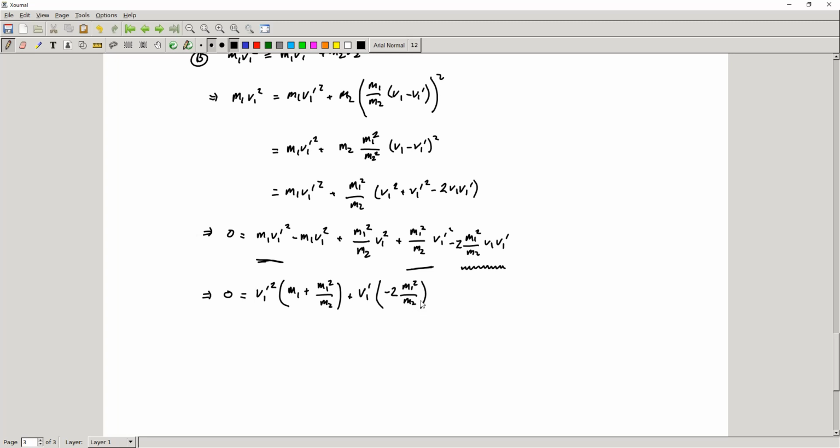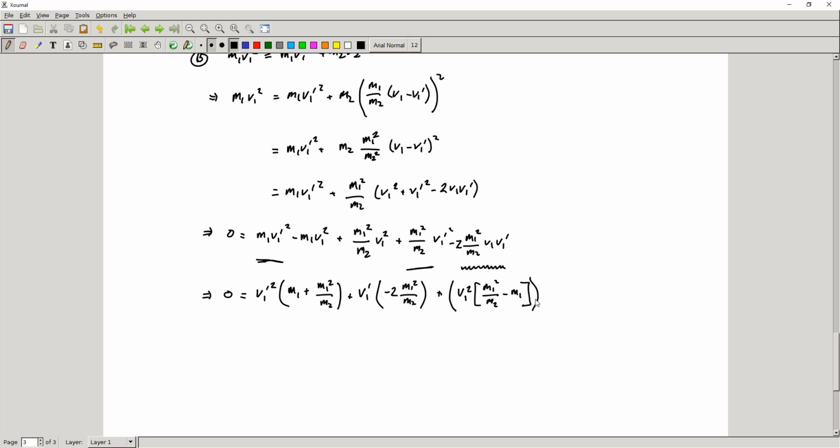And then we had some leftover terms. We can clean those up a little bit. I'll just put that all in a bracket, and it's going to end up as a v1 squared, put this in a square bracket, times m1 squared over m2 minus m1.